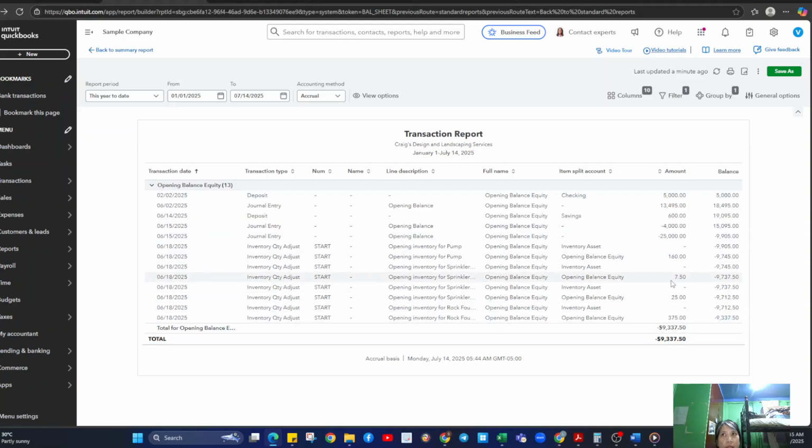Now these numbers are the infusion also by the owner, putting inventory for example, for pump, sprinkler.